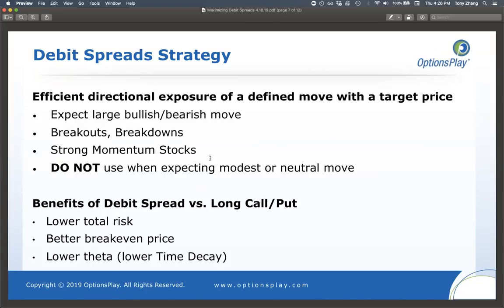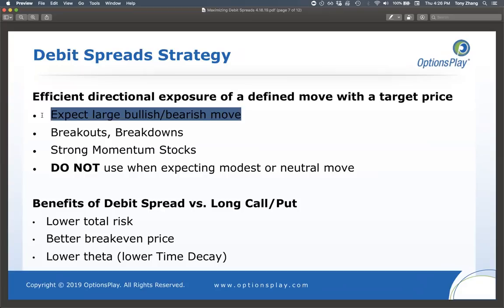So the strategy itself, now that we've defined how to construct a debit spread, I want to talk a little bit about when you should utilize it. Number one, debit spreads are really for when you're expecting a large bullish or bearish move. With buying a call or a put, you need a decent-sized move before the strategy is profitable. The debit spread doesn't change that too much.